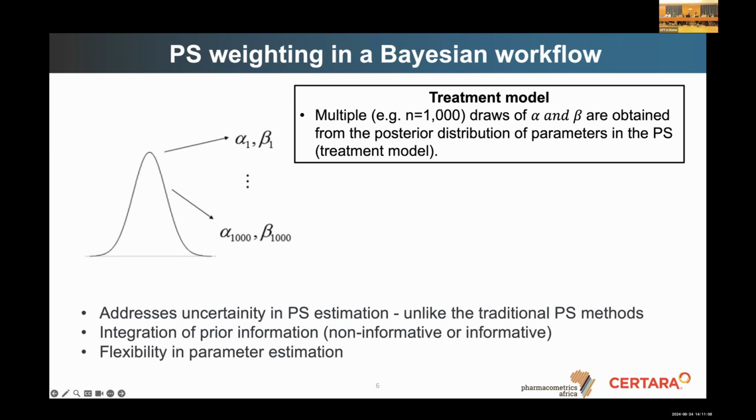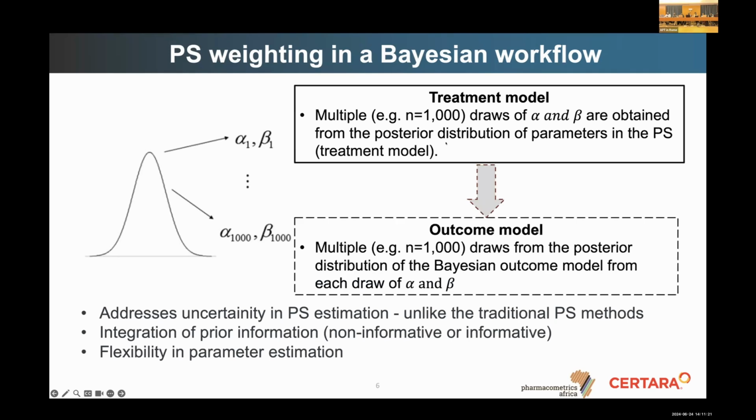So basically, you draw your parameters alpha and beta from the posterior distribution of these parameters. And then, based on the draws you've made, you're able to calculate your weights. And then what you've already received as weights, you take into the outcome model. That means you fit the outcome model multiple times.